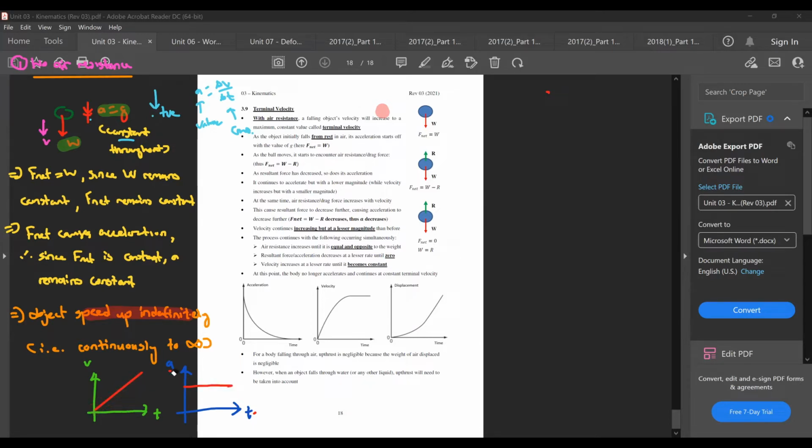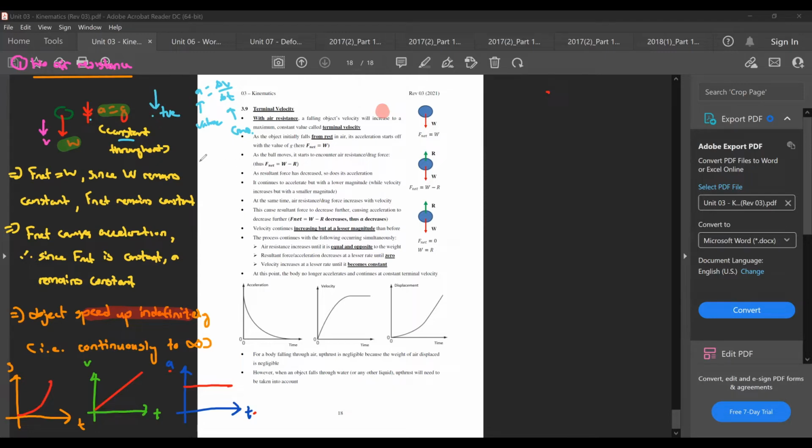And then the other thing that I can draw for you last is the displacement time graph of the object. The displacement time graph of the object will just be a curve like this. It's actually kind of like half of a quadratic curve. This graph is for when there's no air resistance, correct.